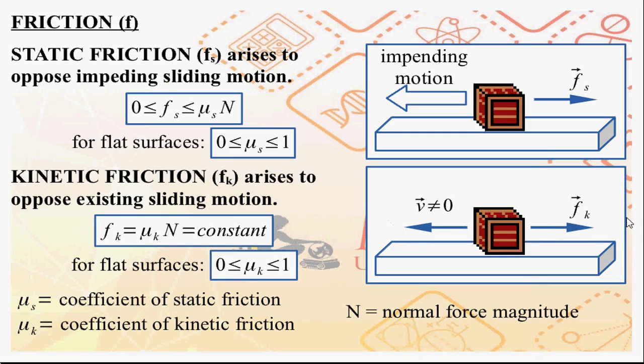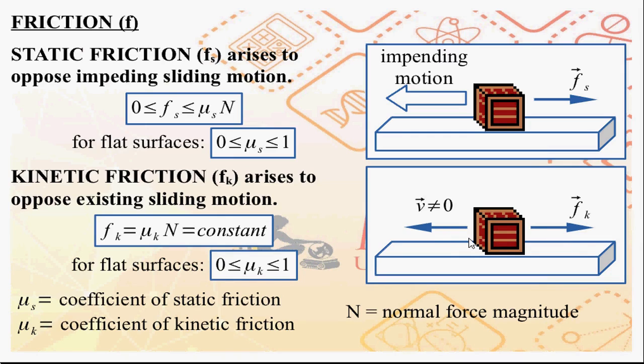If the motion is heading to the right, kinetic friction will be heading to the left. So it is always opposite the motion, because friction opposes existing motion. It wants to slow down the sliding motion and make the object come to a stop.